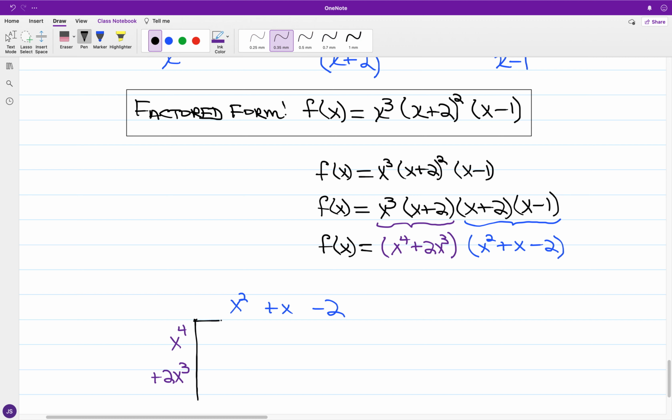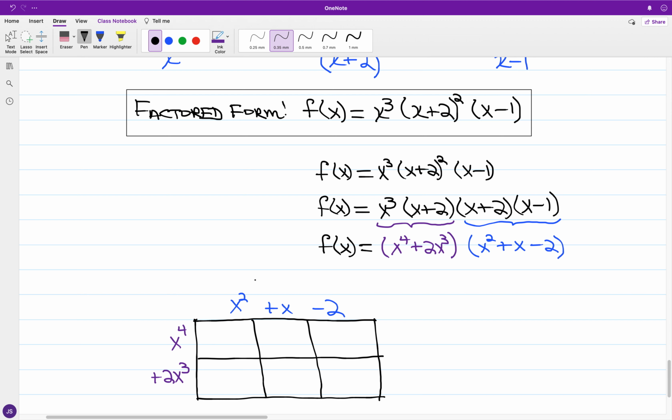So just setting up a bit of a table here. Okay, so we'll just do this column by column.